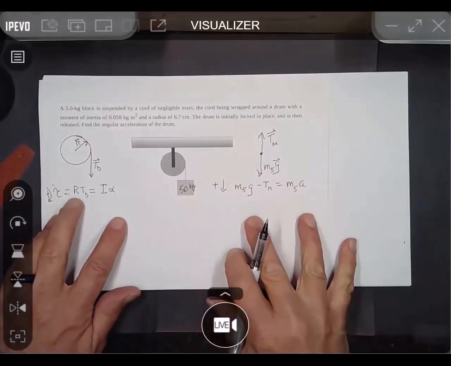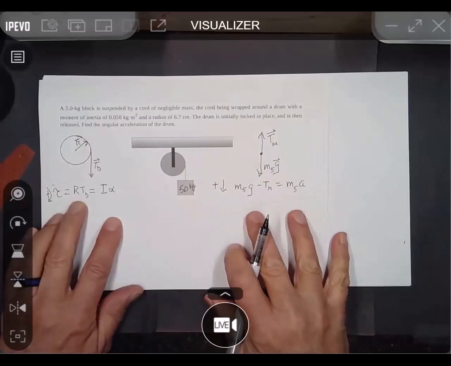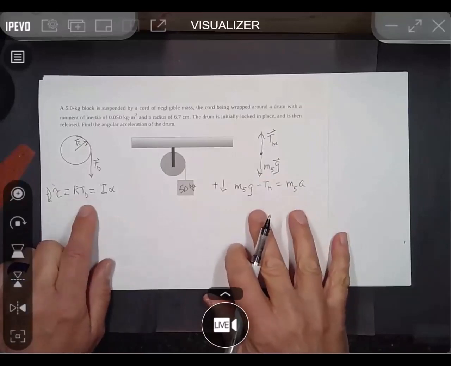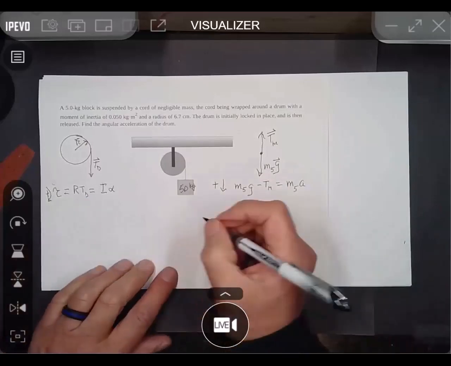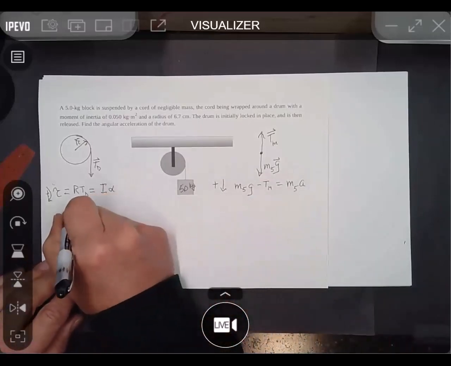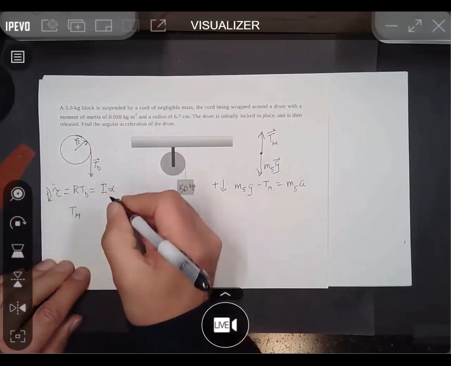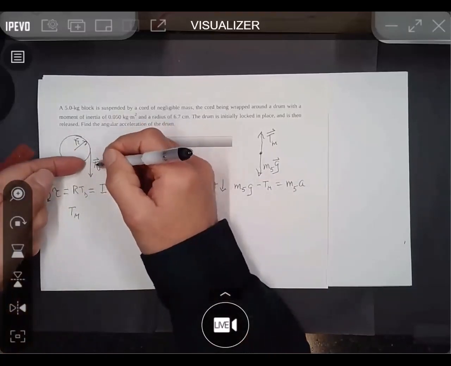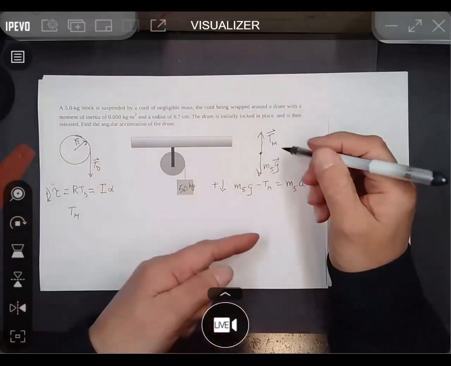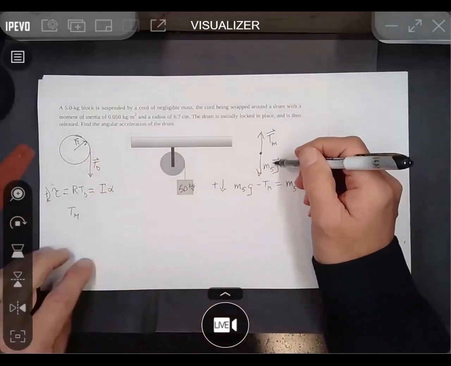Okay, so I've got these two different expressions here. They don't look so bad. One thing to simplify is that the tension that's acting downward on the drum has the same magnitude as the tension that's acting upward on the hanging mass.